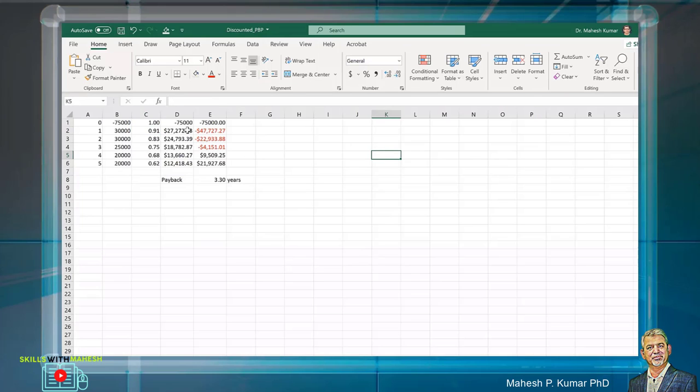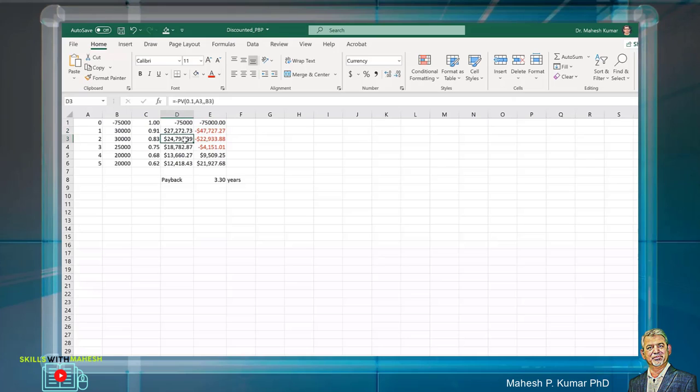And then the C column is calculated as per the discount factor, and this is the formula for the C column. It is according to 10%. And then after that, you get the D column, for which the formula is this. And then you get the E column, where you are adding this number in the E column with the next number in the D column.